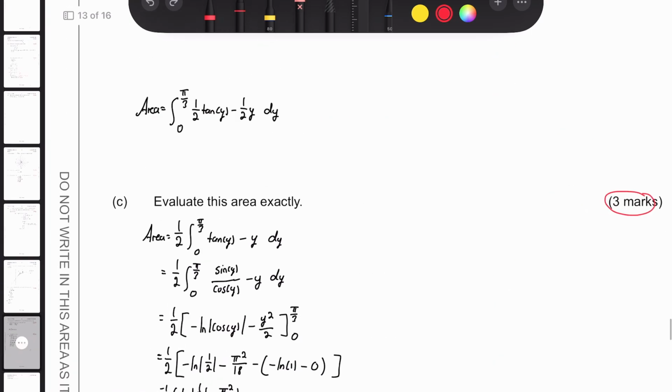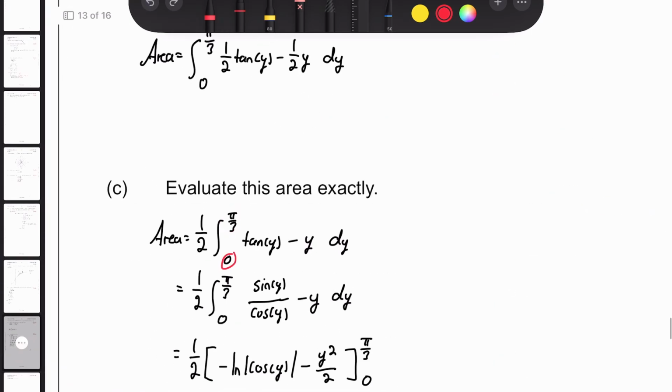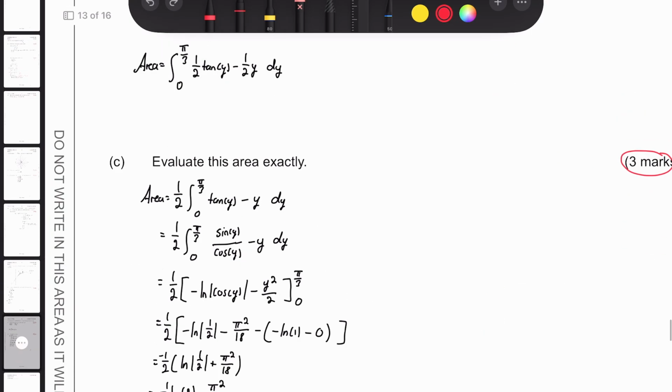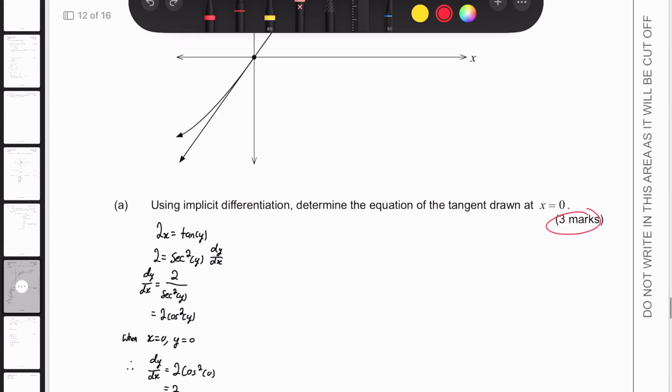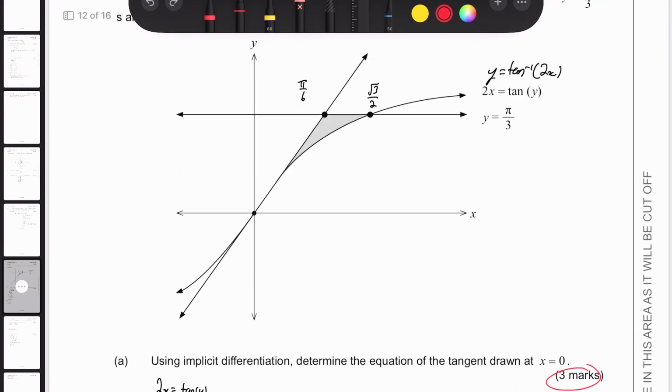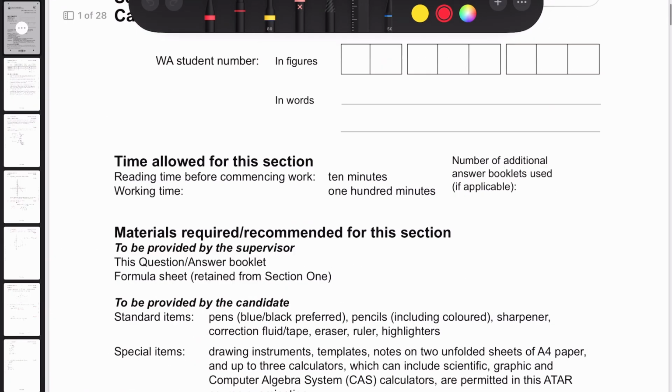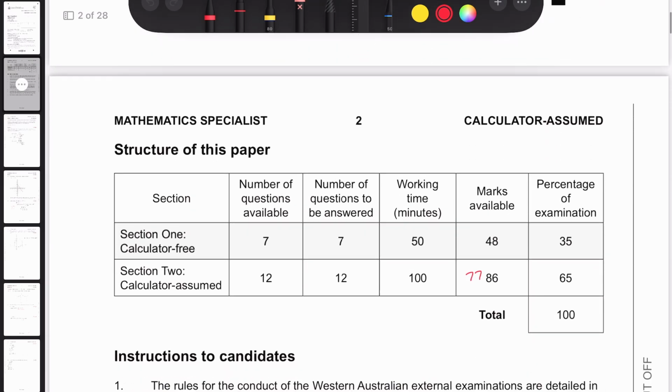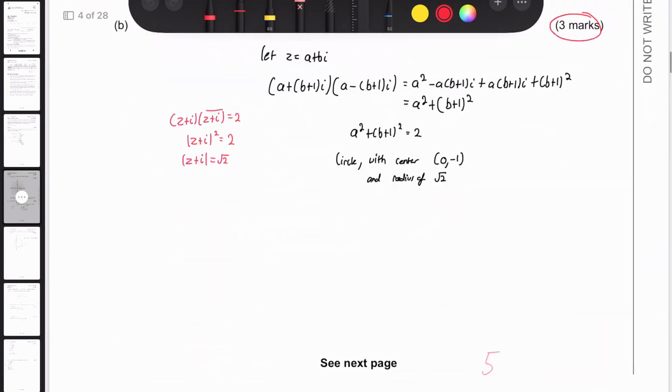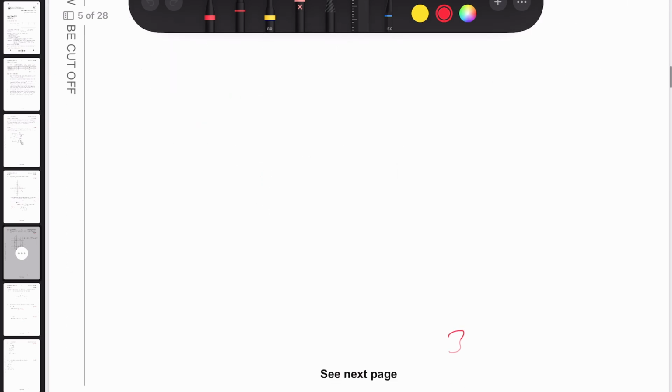Good thing I changed it, because it was 0 to pi on 3, not the other way around. So yeah, 2 marks lost, so we're going to quickly move over to calculator assumed now. Okay, into calculator assumed, and we lost 9 marks here, so let's quickly go through it, because I want to start working on 2023.